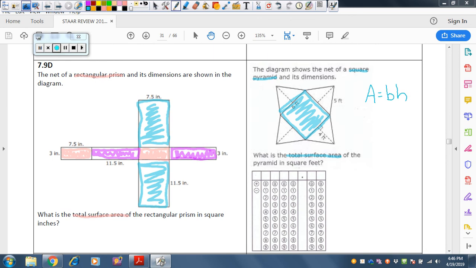And then you have 4 identical triangles. So you are going to need a formula for a triangle. Now you only have 1 square, but you have 4 triangles. So make sure that you count all 4 of them.